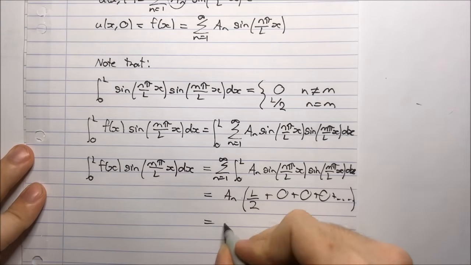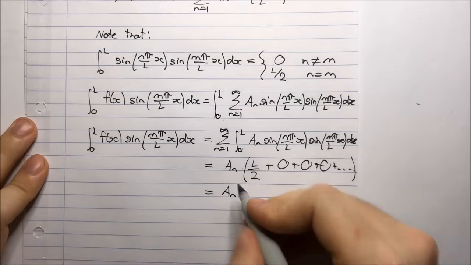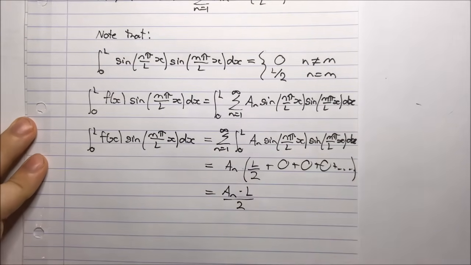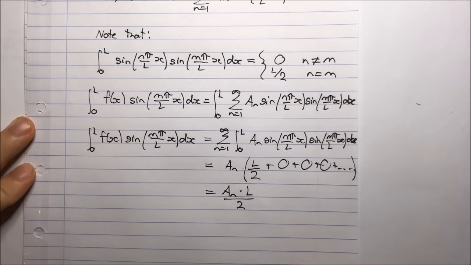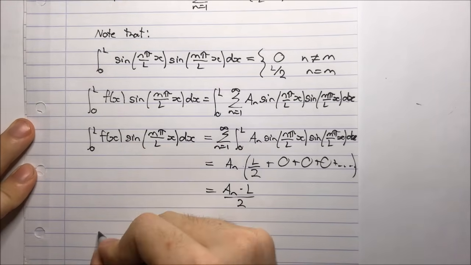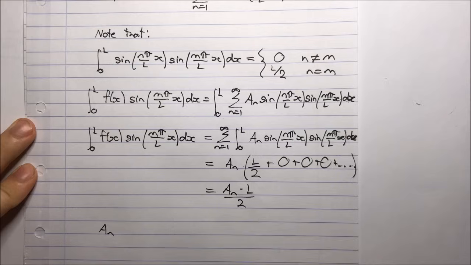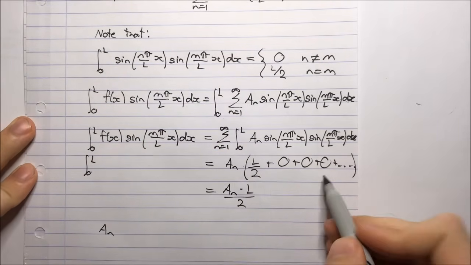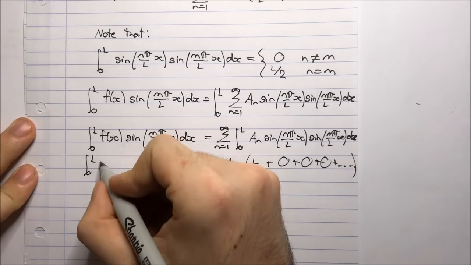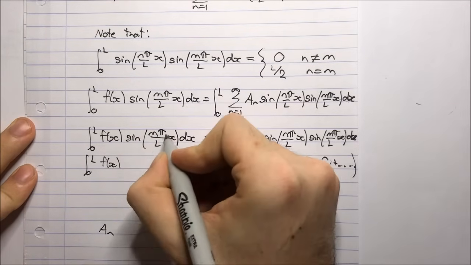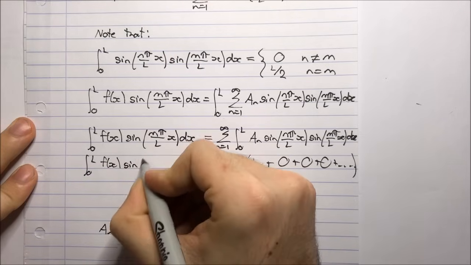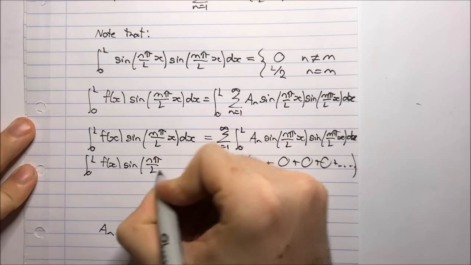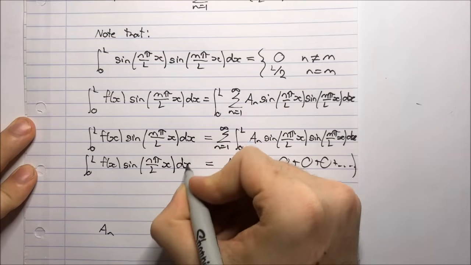So really, I'm left with a n times L on 2. Okay? And I should also say that at this point, since n is equal to m, I can write sine of m pi on L as sine of n pi on L x dx.